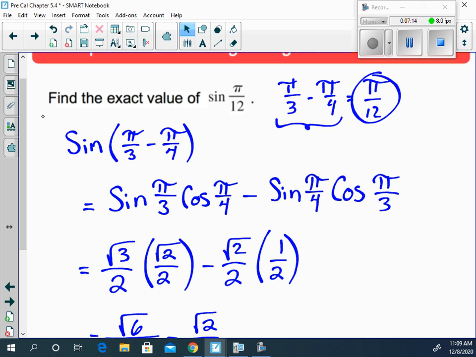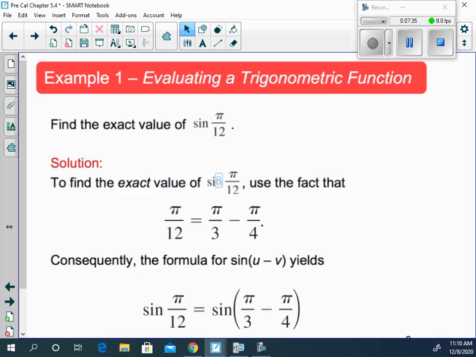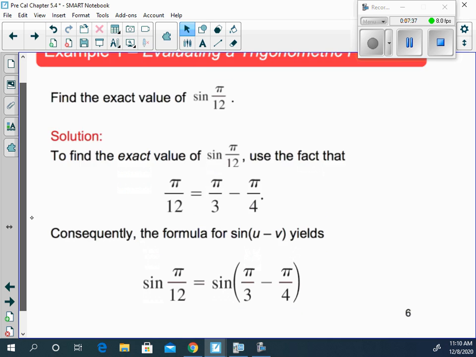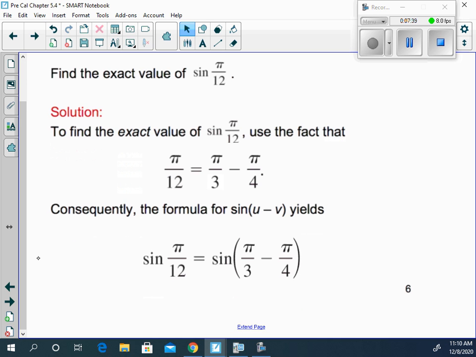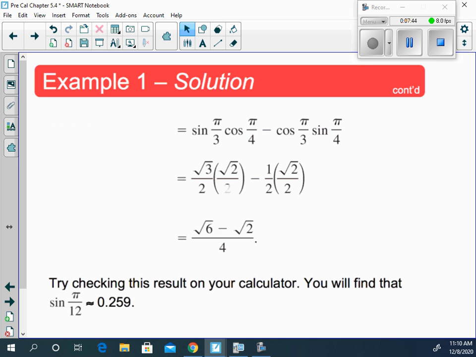So if we were only given 0 to 90, but I wanted to find 92 degrees, well, I can do 90 plus 2. Or we can do any combination of those using this sine, cosine, and tangent to find these here. And that's why they're useful. So pi over 12 is equal to pi over 3 minus pi over 4. Plugged it in, and we got this here.